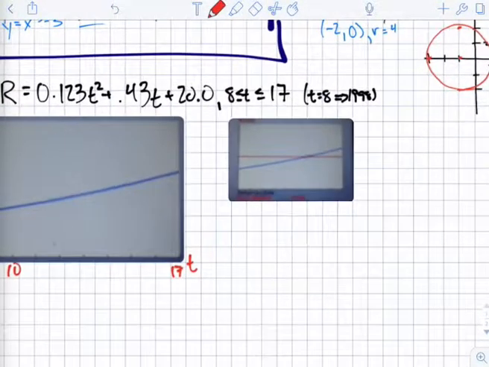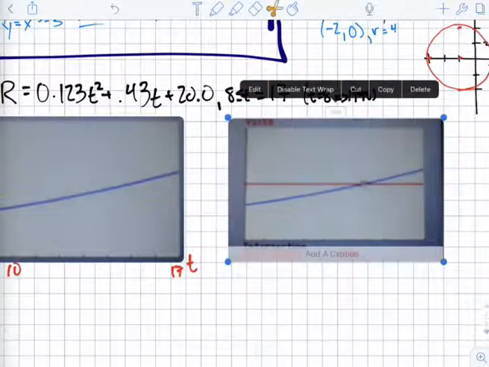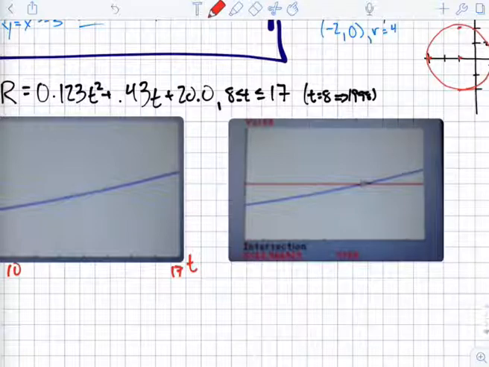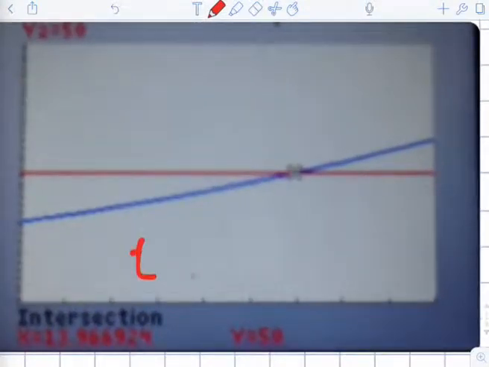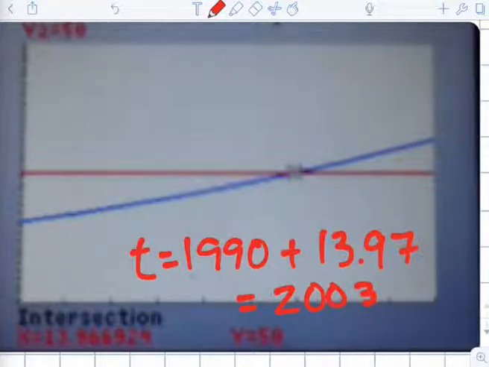Let's zoom that back out again. Okay, and so that tells me t for this particular problem. T is equal to 1990 plus 13.97, which is equal to 2003.